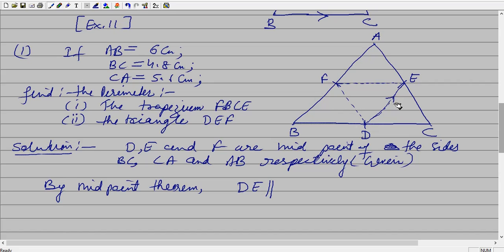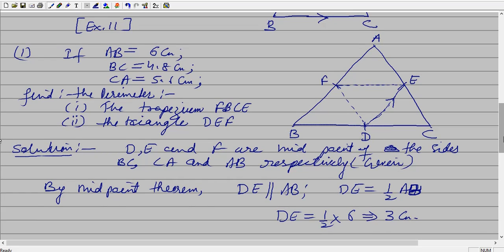DE is parallel to AB, and DE is half of AB. AB, the given condition, is 6. So you can say DE is 3 centimeter.